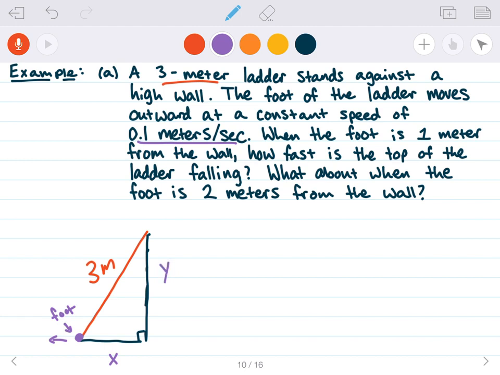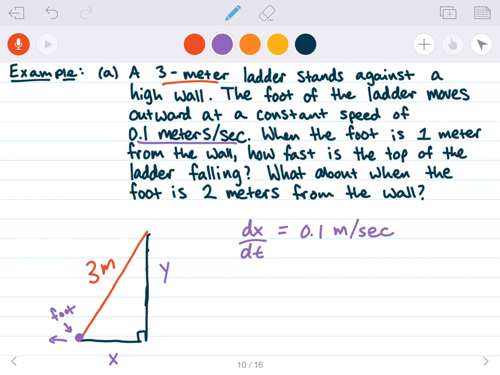And so when they tell us that the ladder is moving outwards at a speed of 0.1 meters per second, they're telling us dx dt, the change in x with respect to time, is equal to 0.1 meters per second.